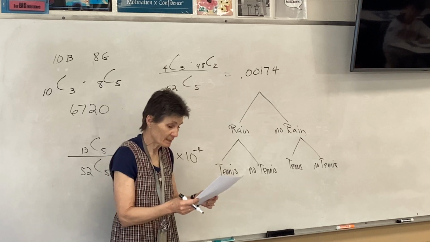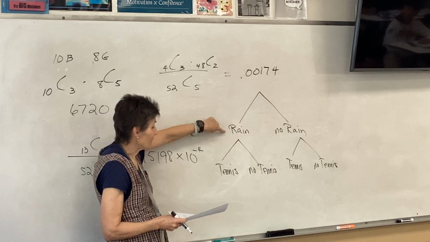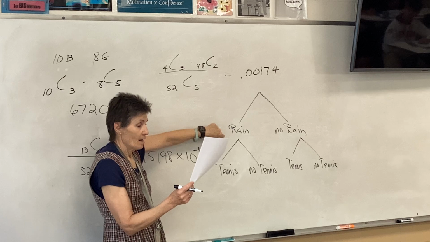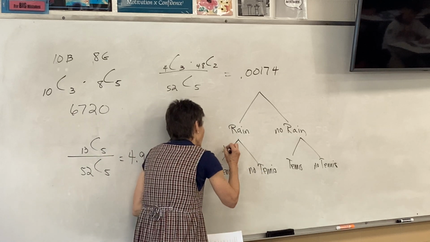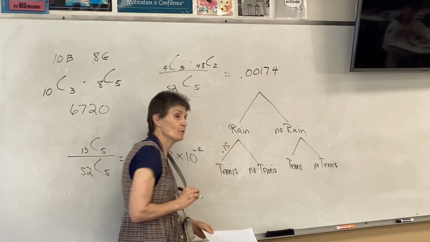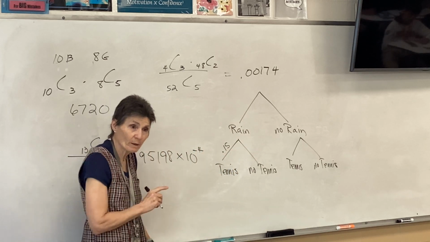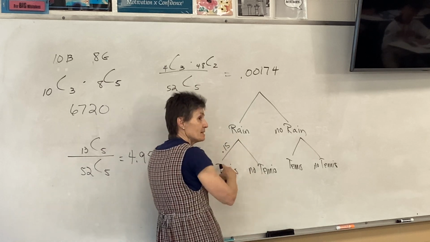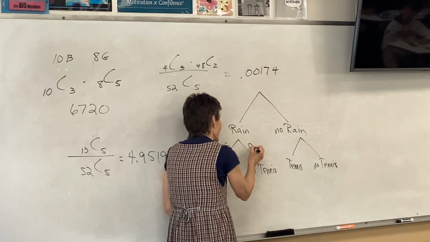All right, let's start plugging in some numbers. If it rains, the probability I'll do tennis is 0.15. Are you okay with that? Now, the minute I put 0.15 on this, what's this? 0.85.